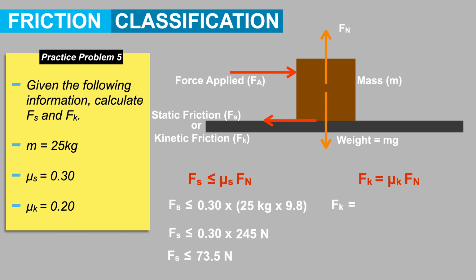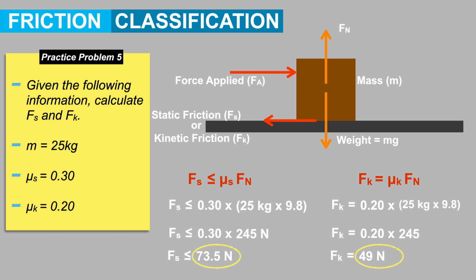For kinetic friction, or Fk, we will substitute the coefficient of 0.30 for 0.20 and then multiply by 25 kg times 9.8. So 0.20 times 245 will give us Fk of 49 Newton. So there you have it. Fs is 73.5 Newton and Fk is 49 Newton.